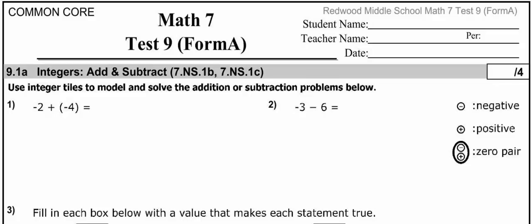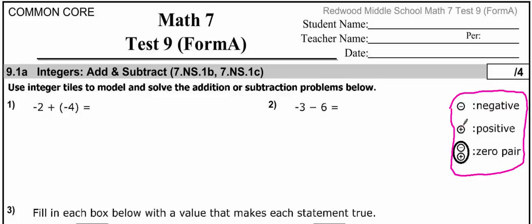So the first part of the 9.1a, questions 1 and 2, deal with adding and subtracting integers. And we talked about using integer addition and subtraction when we talked about the wallflower dance. Hopefully you all remember doing the wallflower. So remember from the wallflower dance that we're showing the negative numbers as minus signs inside of a circle.